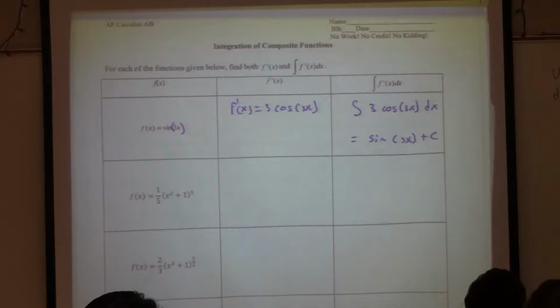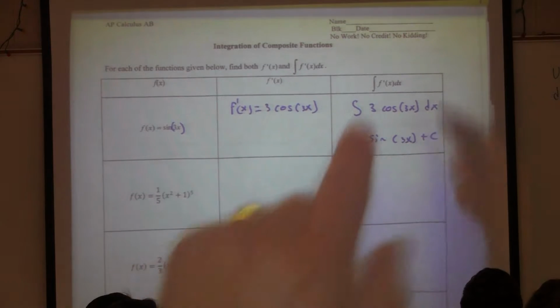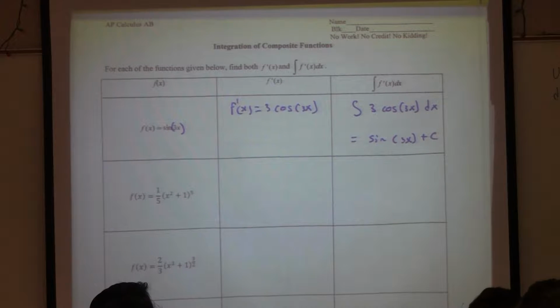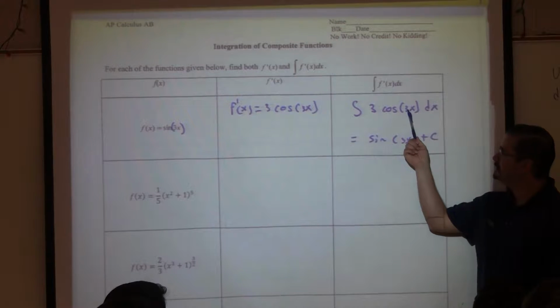So what is it that we're kind of looking for in order to be able to jump to that step without having to show all that? What has to be in the problem? What do you think? So that I don't have to go through all this and write it up. This was 3x.